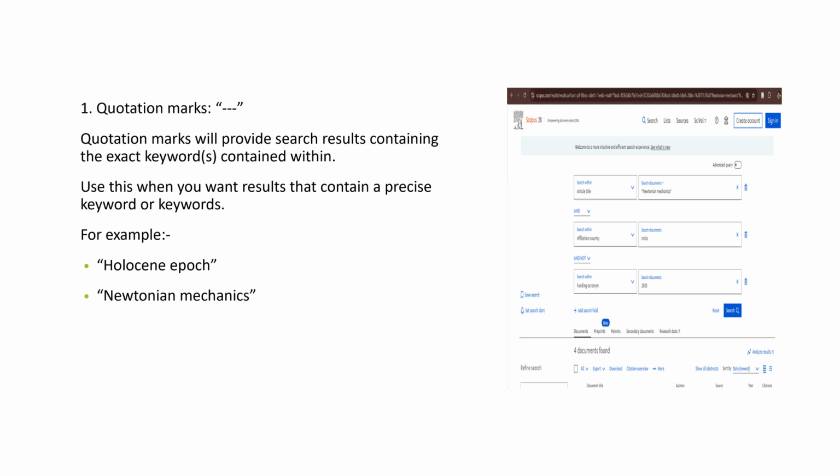If we do not put them, then Scopus may provide you all the documents that contain Newtonian or all the documents that contain mechanics. But as I put Newtonian mechanics within inverted commas, as shown over here, it only displays the search results that belong to Newtonian mechanics.